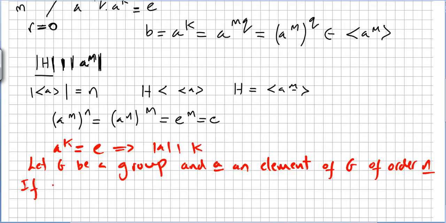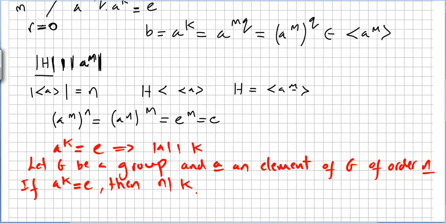If a to the power of k is the identity, then n divides k, and the proof was really simple.